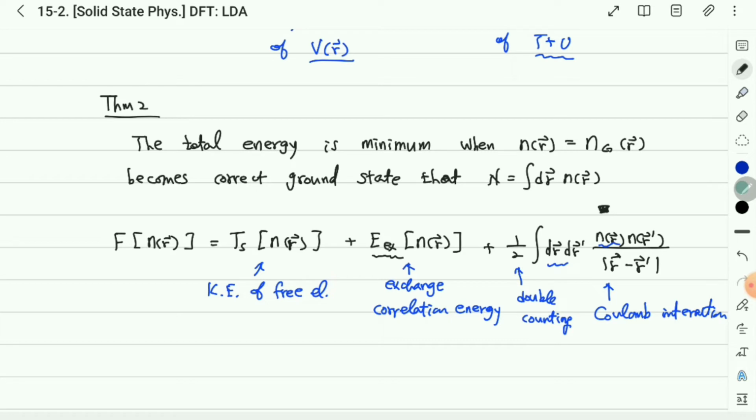And here, before that, the Thomas-Fermi model does not take into account the exchange energy, but here we include the exchange energy.